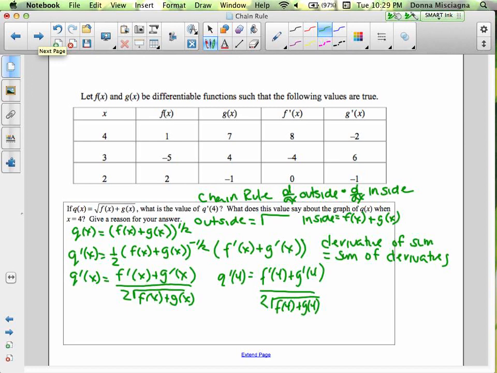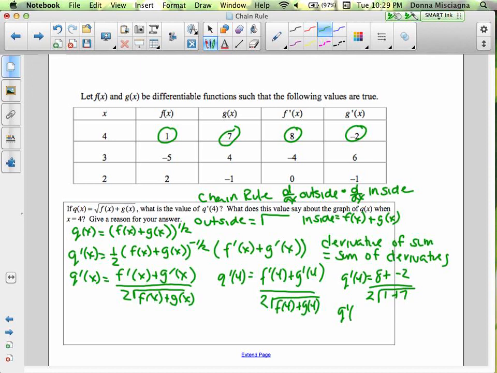All right, so that's going to give us q prime of 4 equals, all right, so f prime of 4 is 8, plus g prime of 4 is negative 2, divided by 2 times the square root of f of 4 is 1, and g of 4 is 7, so not a perfect square, but we could simplify it at least.